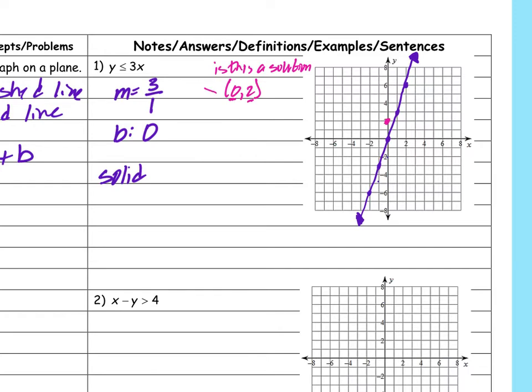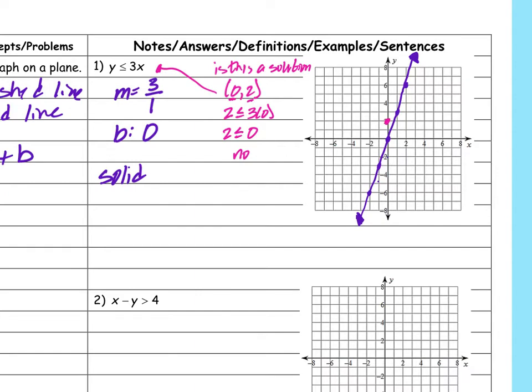So I'm going to plug it into my equation here, and I get 2 is less than or equal to 3 times 0. So it's 2 less than or equal to 0. Yes or no? No, it's not. So I had two answers, right? Either it was or it wasn't.